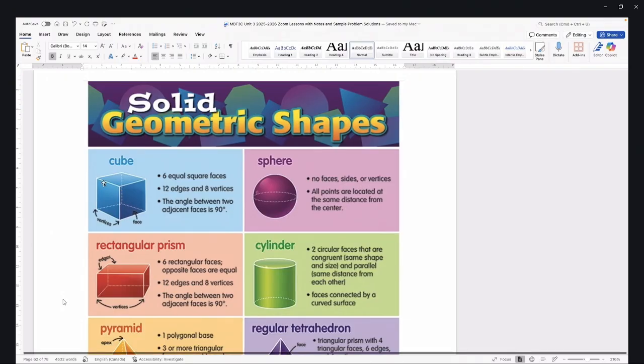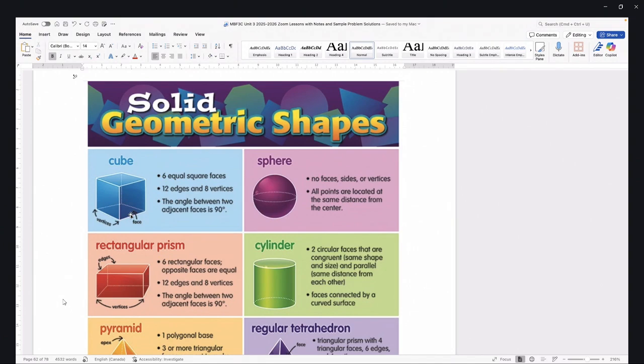And there's one, two, three, four, five, six, seven. There's 8 of them. The angles between the two adjacent faces, so between this one and this one, are right angles. So just like the corners in a house, corners in a box, they're all going to meet at 90 degrees. So there is a cube.